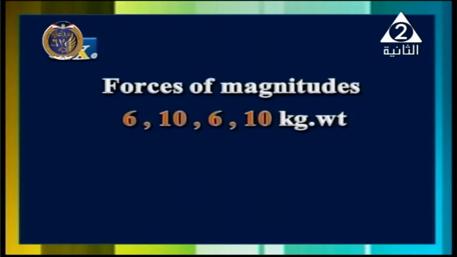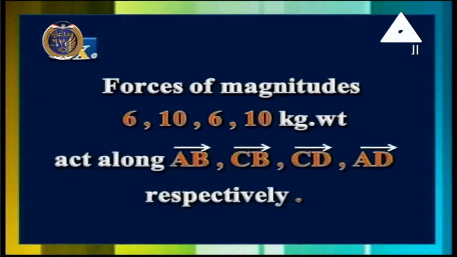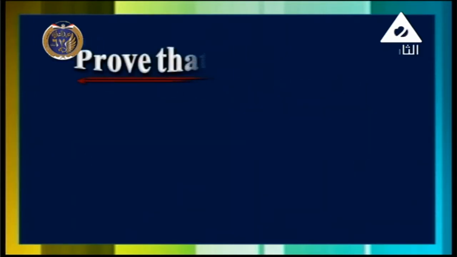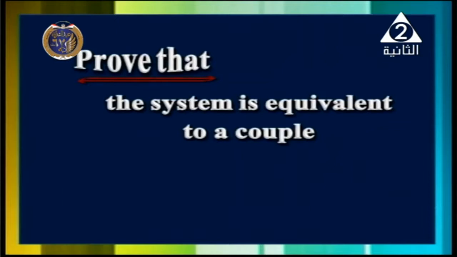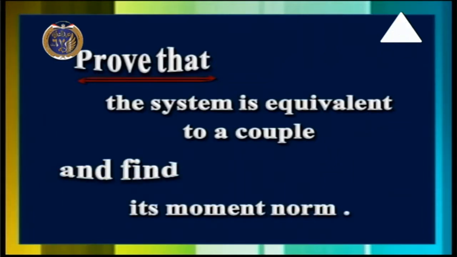Forces of magnitudes 6, 10, 6, 10 kilogram weight act along the directions AB, CB, CD, AD, respectively. Prove that the system is equivalent to a couple and find its moment norm.